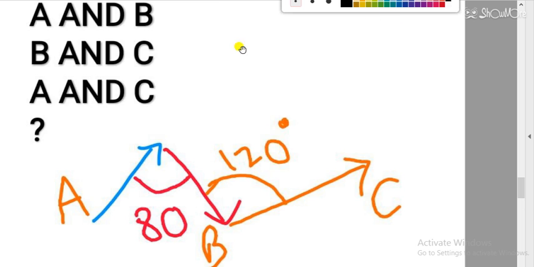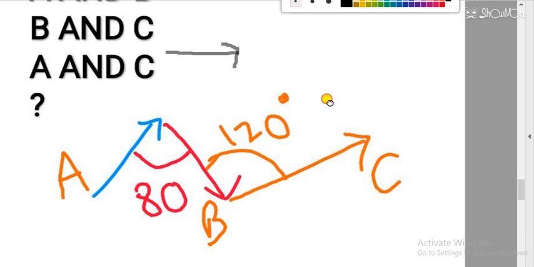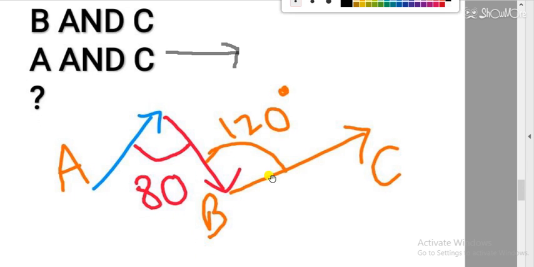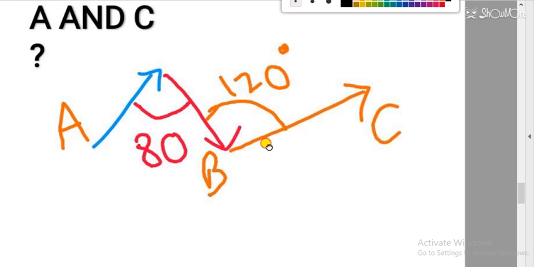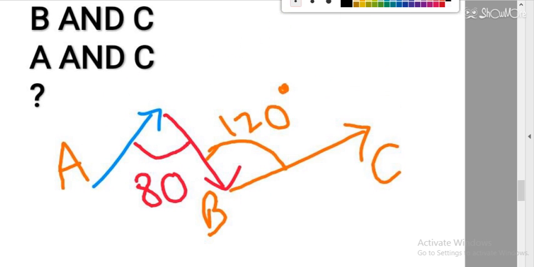Now I am moving to the question B and C, the angle between vector B and C. So I will move this B downward like this, so that the tail of B touches the tail of C. Now this angle is 120 and this whole angle is 180.